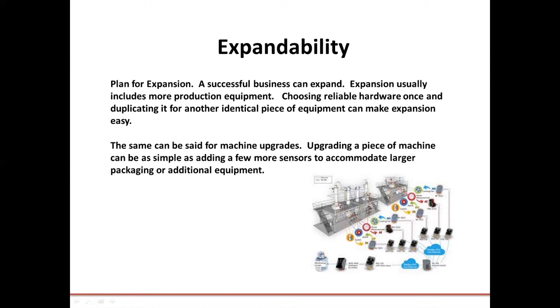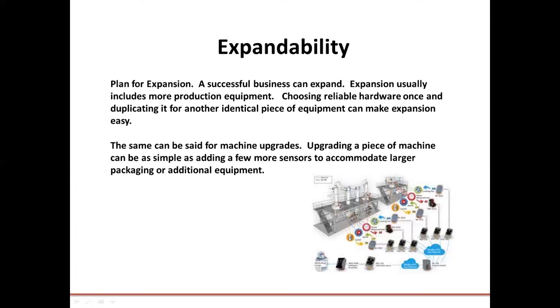So if you have a production line producing products, then suddenly your business booms, you want to be able to duplicate the system as opposed to having to recreate a brand new machine or production line to do the same thing with different technology, where you may need someone to program or connect different pieces of hardware. You just want to be able to duplicate it to make it fast to expand.